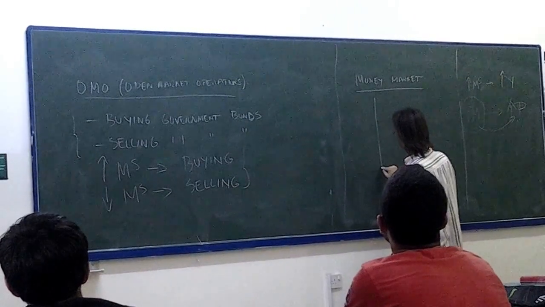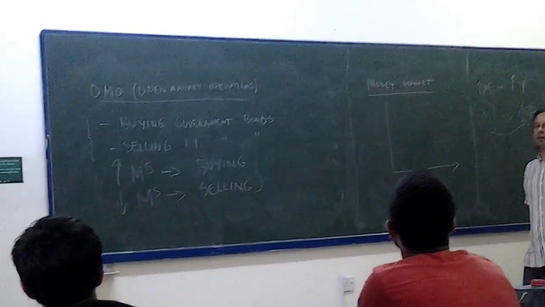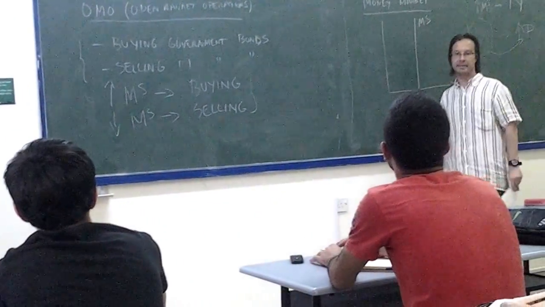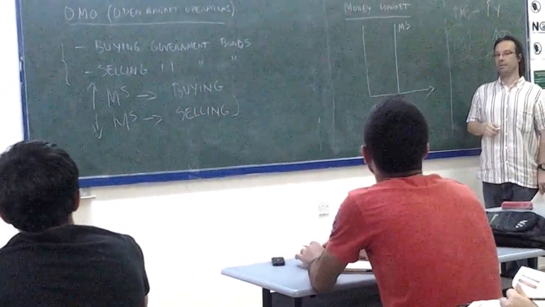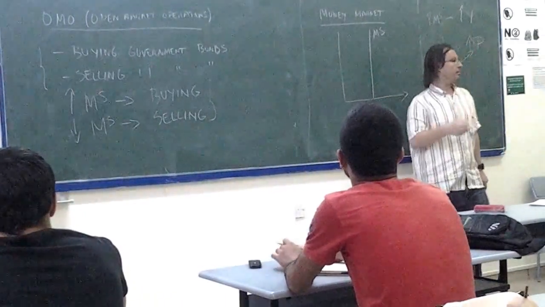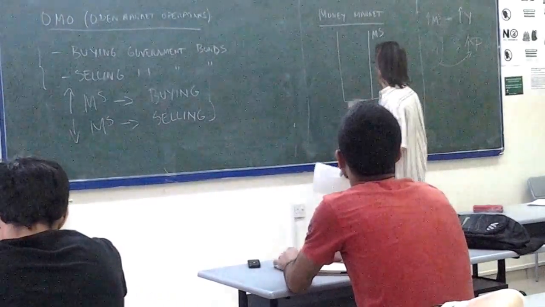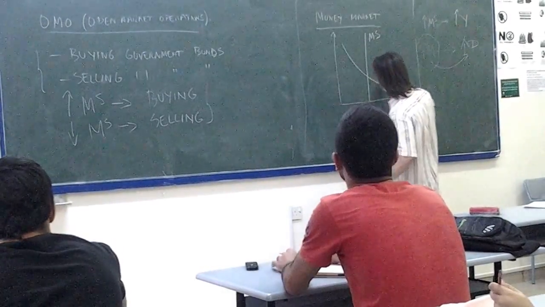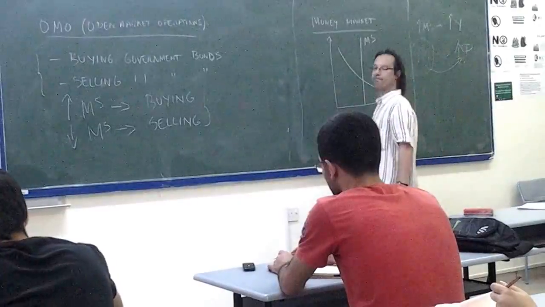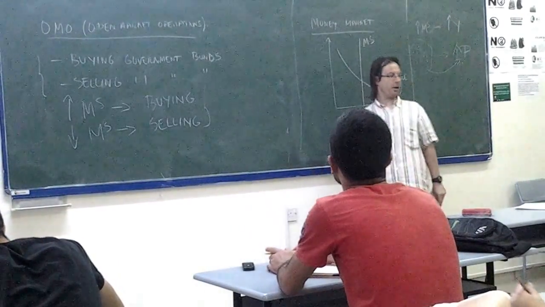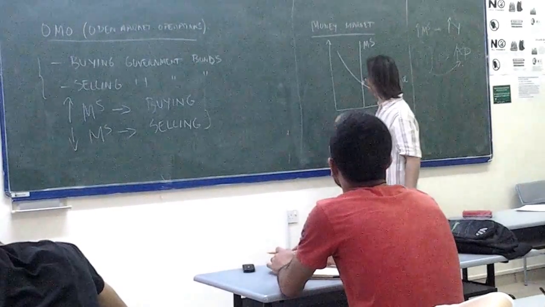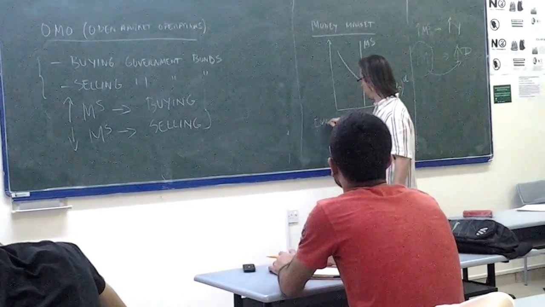So we have this situation where money supply is basically fixed. The stock of money circulating in the economy is determined by the central bank, and we have the other side, the demand. The intersection between money supply and money demand determines the equilibrium.